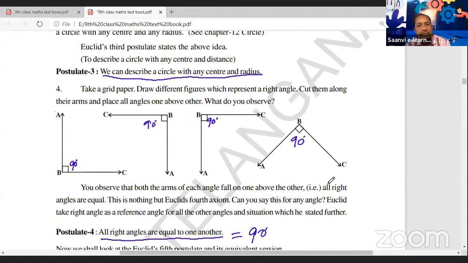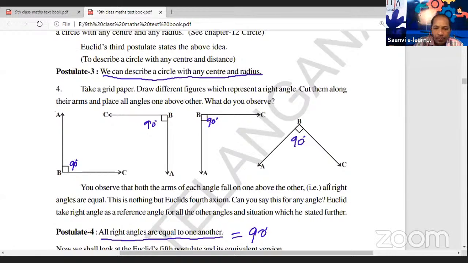According to Euclid's postulate 3, any right angle, if you draw any shape also, see here, first right angle, angle ABC, the right angle is at B. If you measure here, we get 90 degrees. If we draw like this also, if we measure at B, we get 90 degrees.